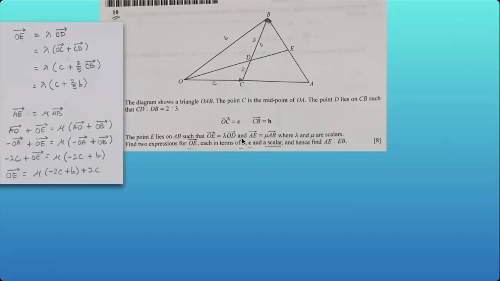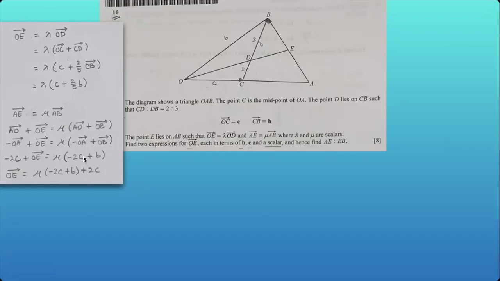Next, we can use this. Vector AE is equal to mu vector AB. Vector AE is equal to minus vector OA plus vector OE. And then vector AB is equal to vector AO plus vector OB, or minus vector OA plus vector OB.